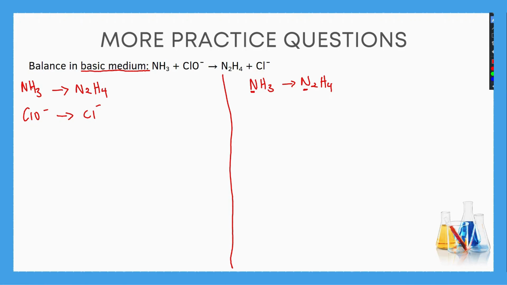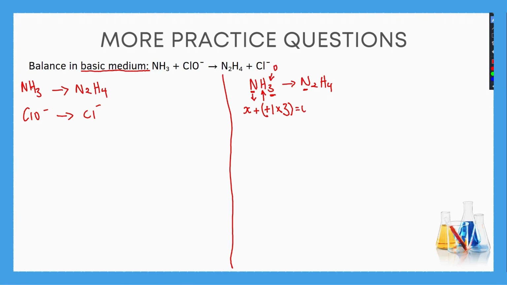So to calculate the oxidation number of nitrogen here, since we do not know what it is, let's just name it X. Now we have hydrogen here, and the oxidation number of hydrogen in compounds is always +1, multiplied by how many atoms of hydrogen do we have? We have 3. Everything will be equal to the overall charge here, and there is no charge, so the charge is 0.